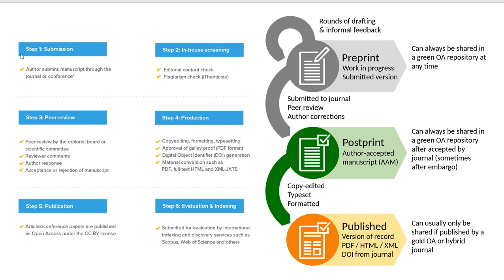Okay, if you want to submit your paper through a conference or journal, whatever it may be, initially comes the submission process, later in-house screening and peer review, then the production stage and publication stage, finally evaluation and indexing. You must know that every article published in a Scopus indexed journal is not given the indexing by Scopus itself.